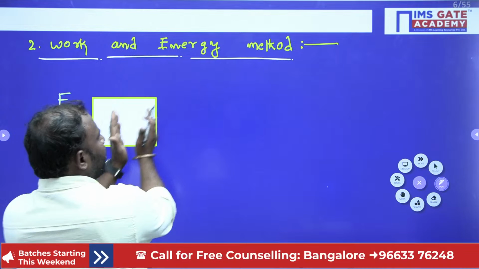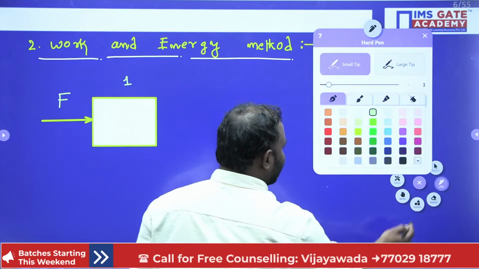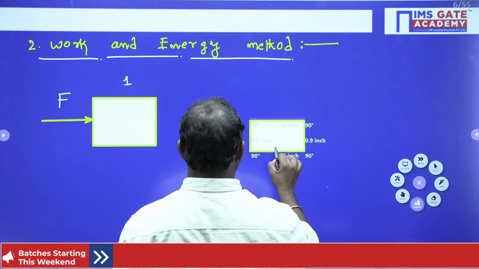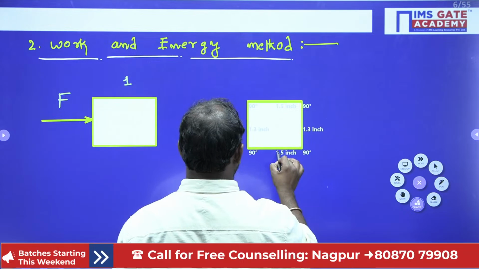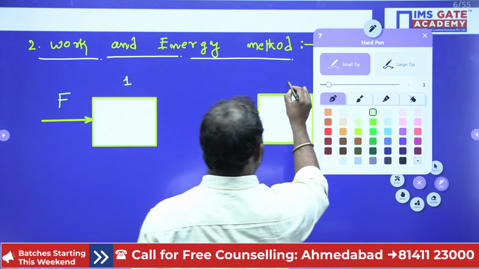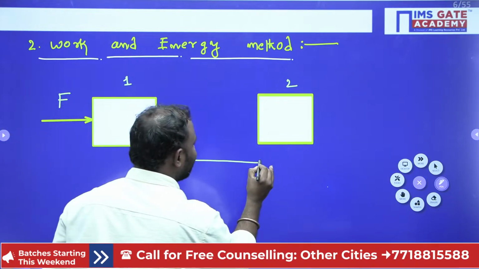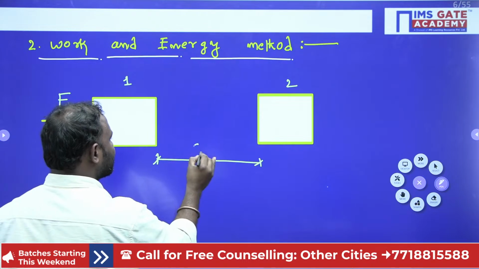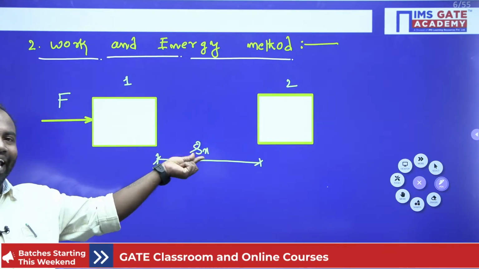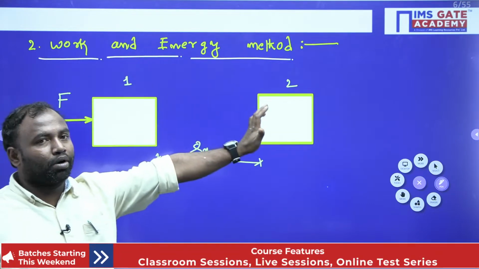Suppose it is in a first position, and after some time it moves to the second position. So certain displacement has been created. Say this displacement we are considering as Sx, the displacement with suffix x.